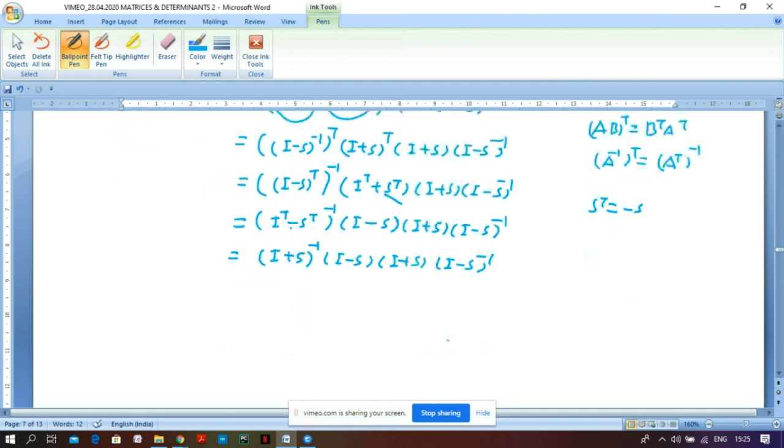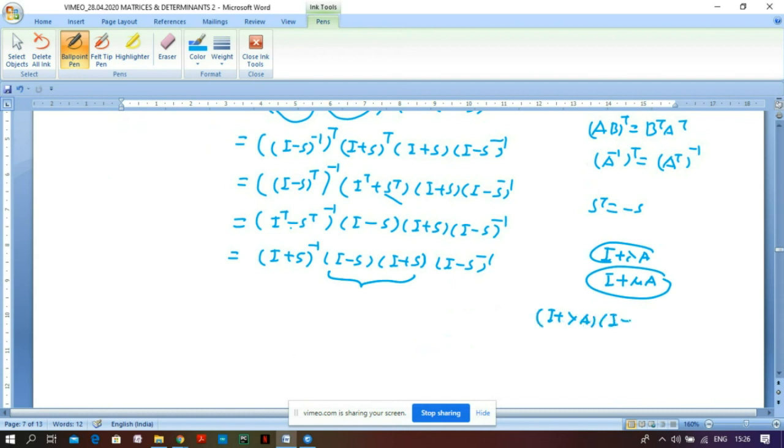Now I do something magical. So already I have proved that these two matrices, I plus lambda A and I plus mu A, this kind of matrix, will always commute. It does not depend on S being symmetric or skew symmetric. For any matrix, these two will commute, because we have already proved it.